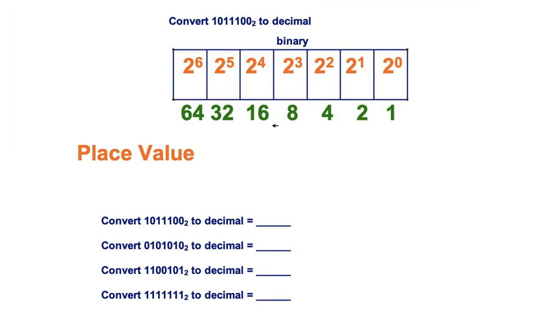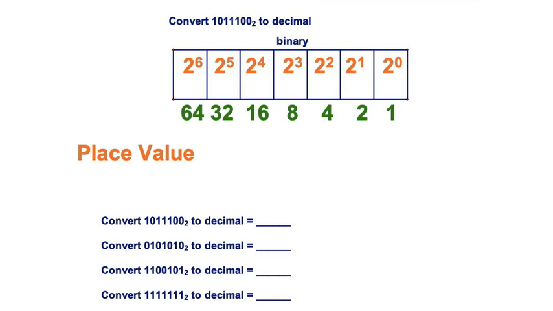Keep doubling: 16, 32, 64, 128. What's next? 256, 512, 1024. You will probably memorize the first 10 powers of 2 just because they're ubiquitous in math.